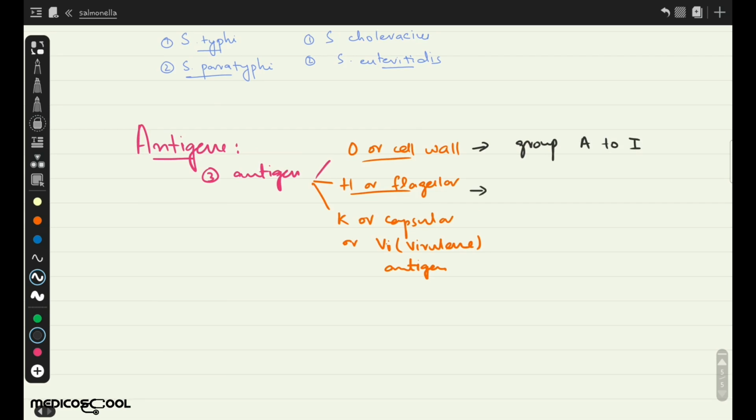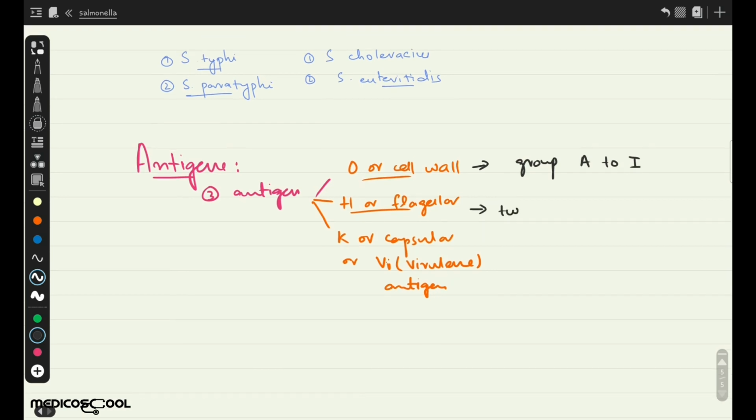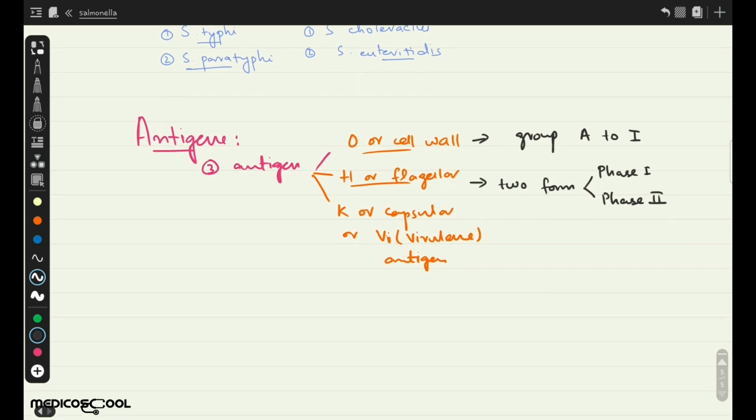The H or flagellar antigen has two forms. It may be in the phase 1 form or in the phase 2 form, and only one is present at a time, not both.